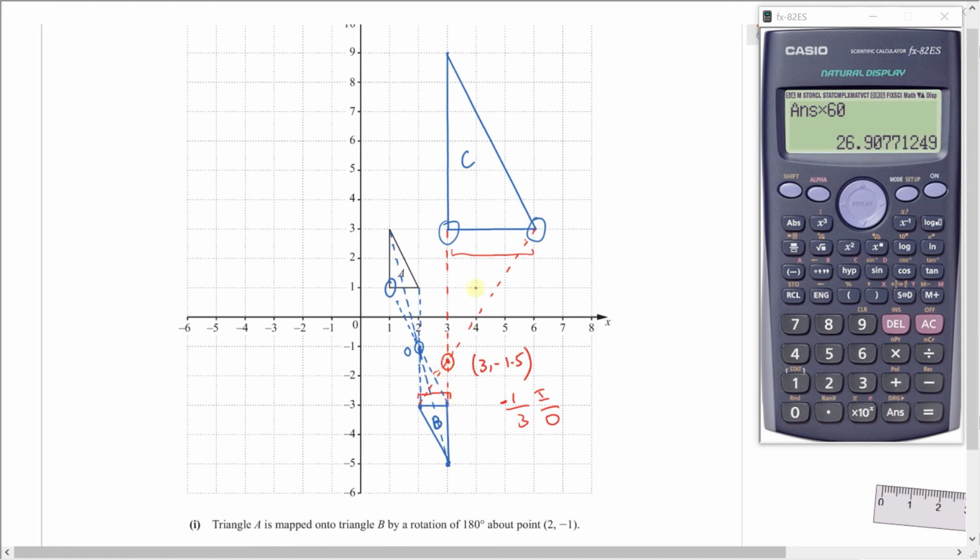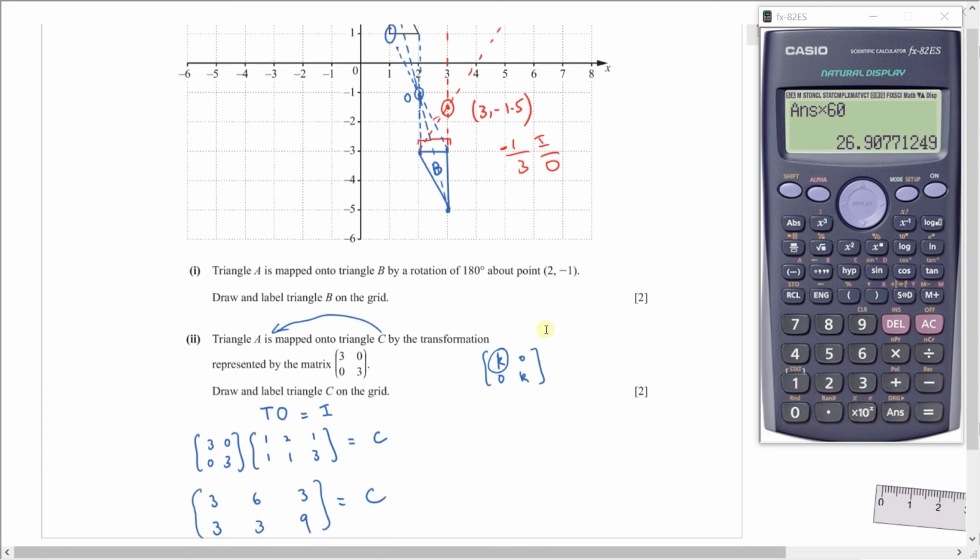If the image is on the same side, so if triangle B was somewhere here on the same side of the center of enlargement as the original object, then the scale factor is positive. Since the image is on the opposite side of the center of enlargement, your scale factor will have a negative sign. So this will be minus 1 by 3.